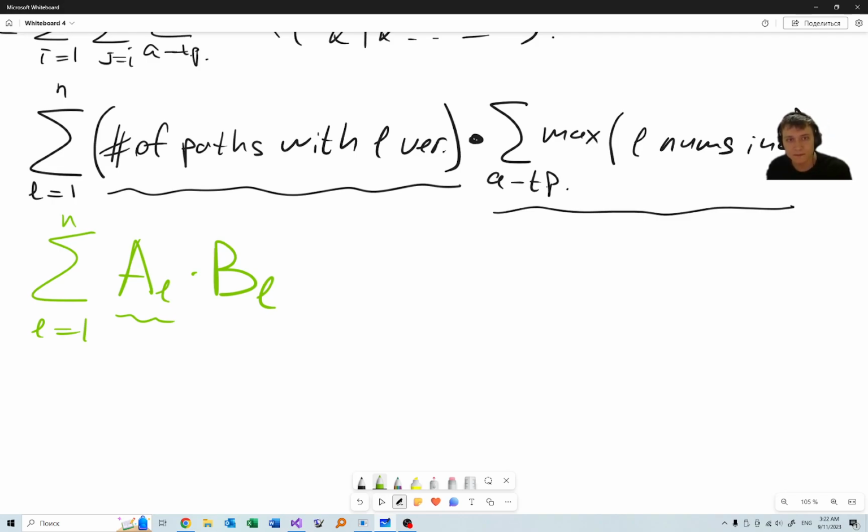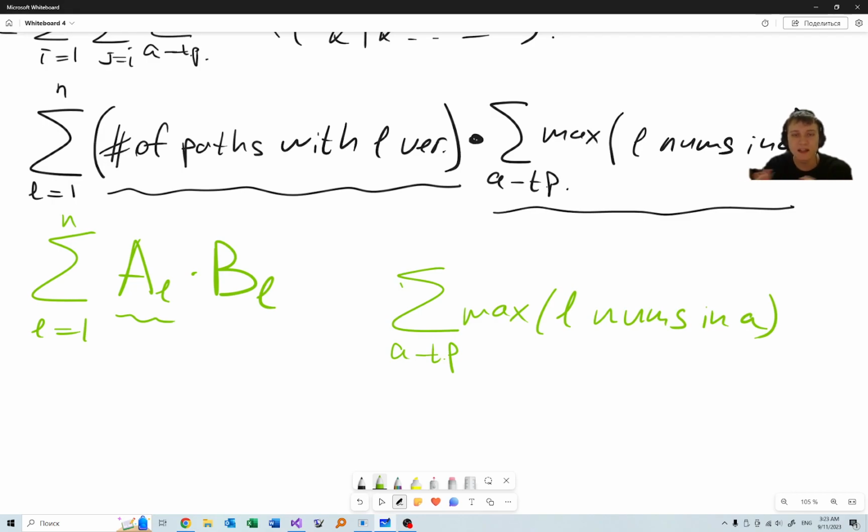First of all, B_L. So we have some fixed L. We need to find this sum. So we have some L numbers in array A, and we take the maximum of them. And we find the sum of such numbers among all possible arrays.